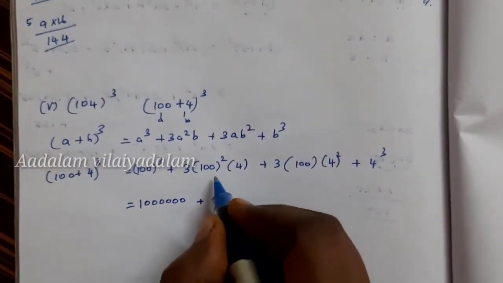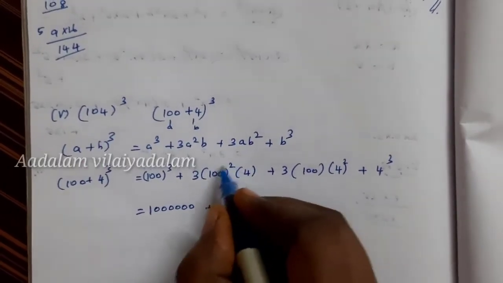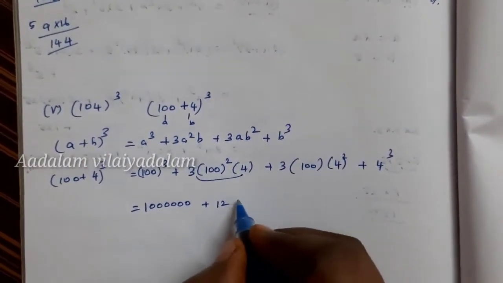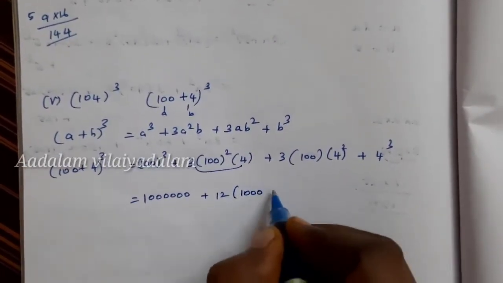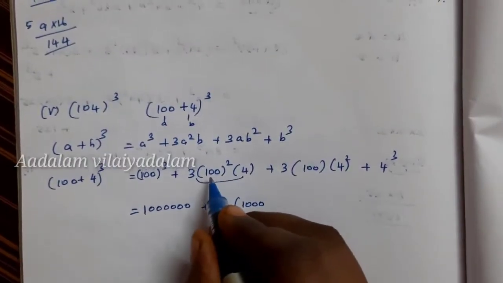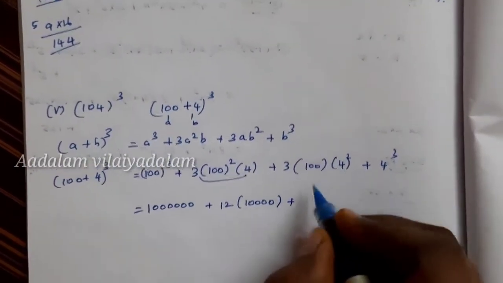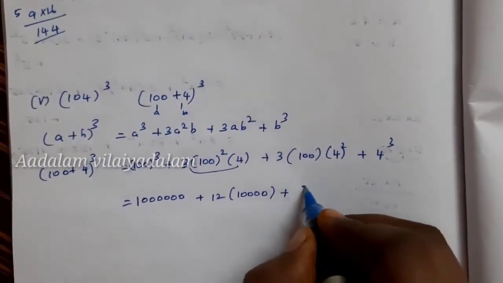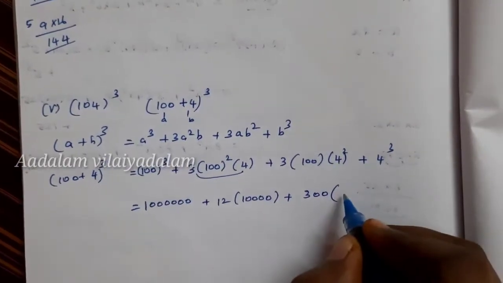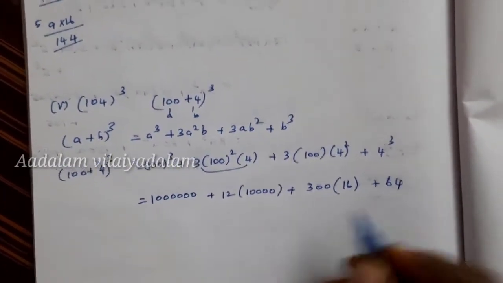And further, 3 4s are 12 and the square of 100 we get 10,000. Next, then we get 300. 4 square multiplication we get 16. Then 4 cube value is 64.